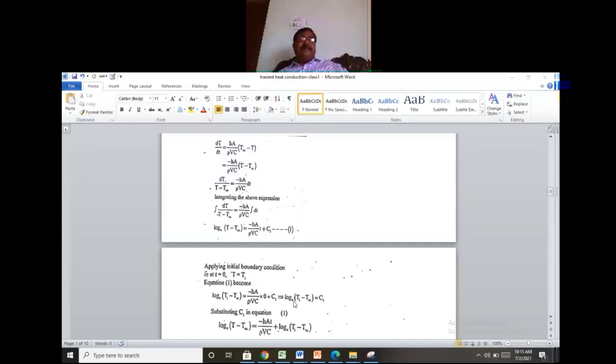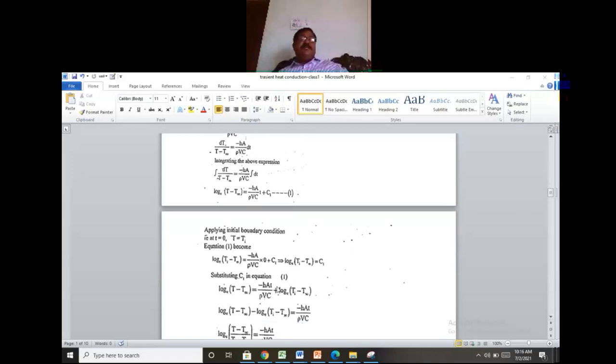It implies that log of Ti minus T infinity is equal to C1. Substituting C1 in the above equation 1, log of T minus T infinity is equal to minus hA t over rho V c plus log of Ti minus T infinity.